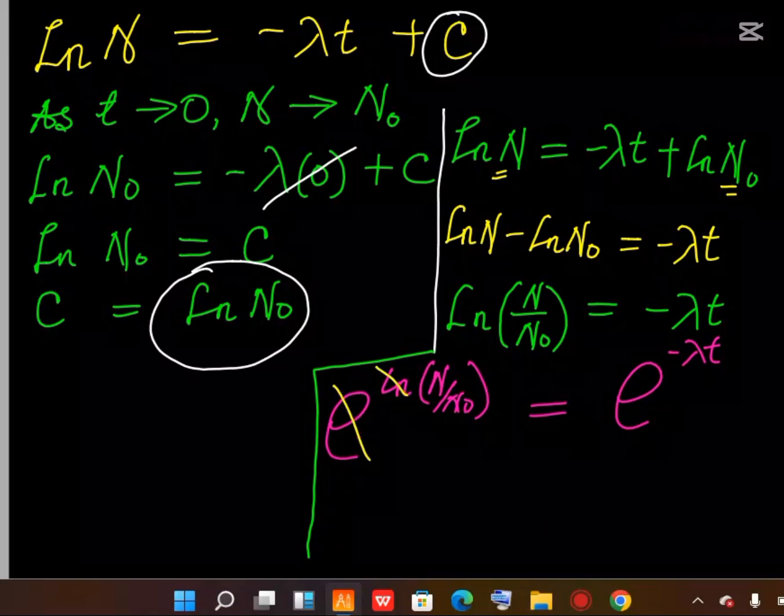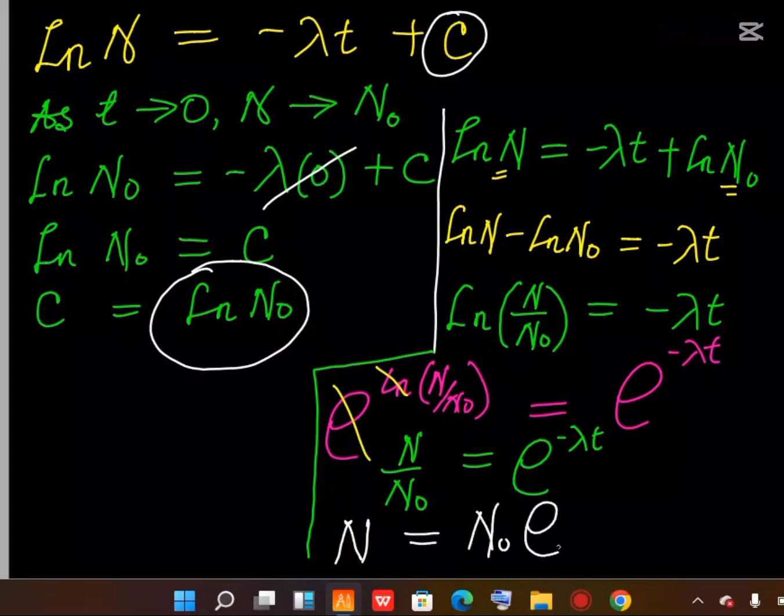We are left with N all over N naught is equal to e raised to the power negative lambda t. We can also express this as N equal to N naught into e raised to the power negative lambda t.